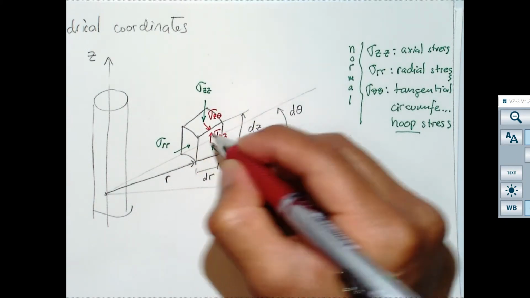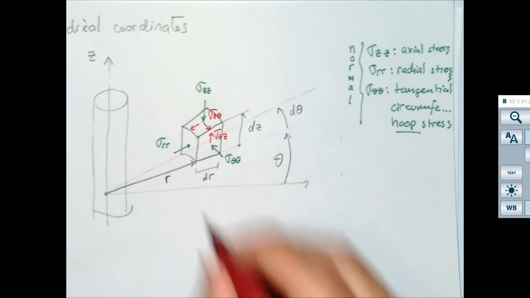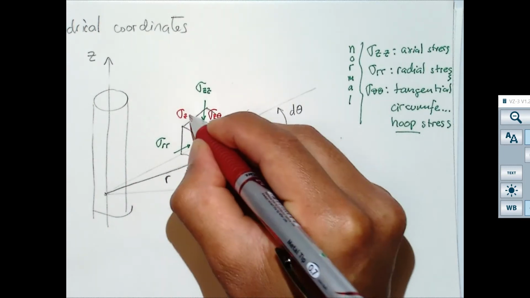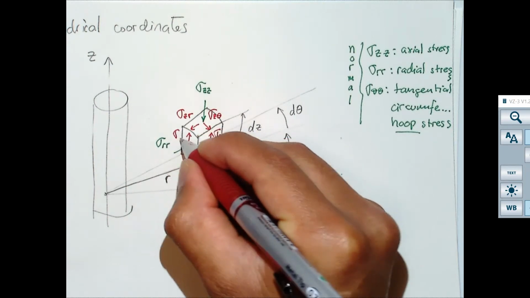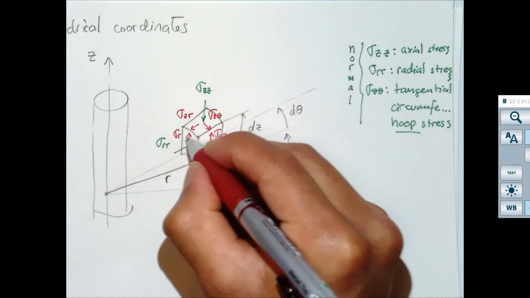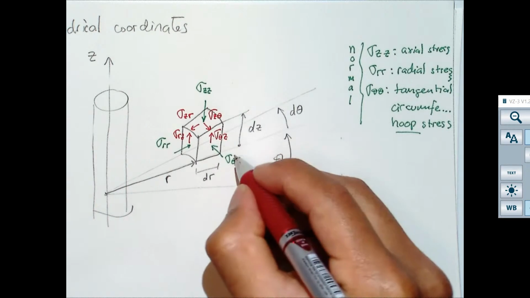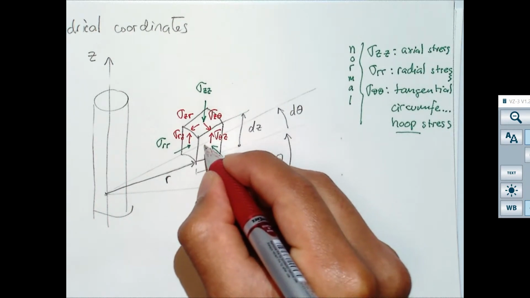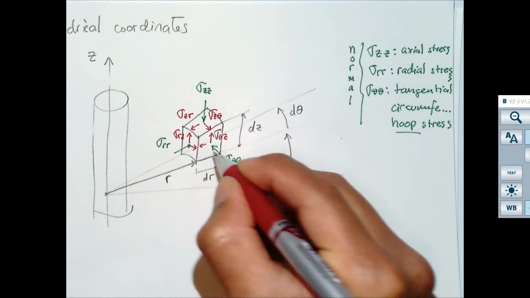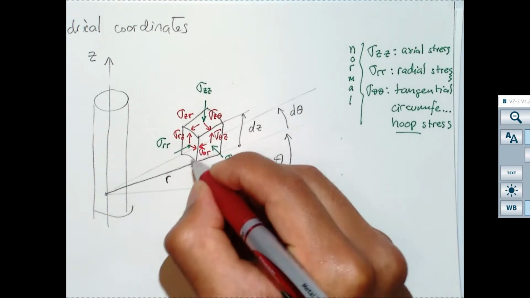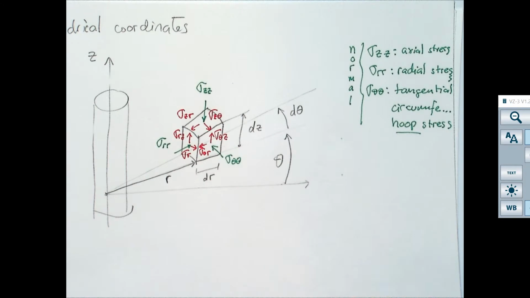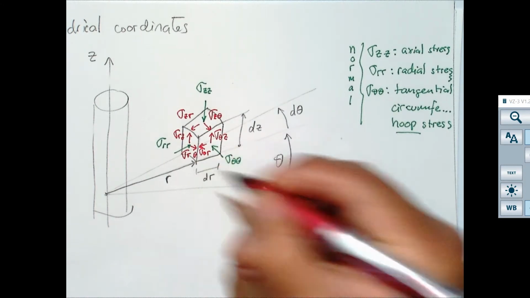And this one is going to be sigma z r, and here sigma r z, and these ones are going to be sigma theta r and sigma r theta.